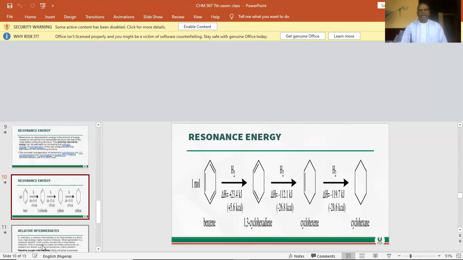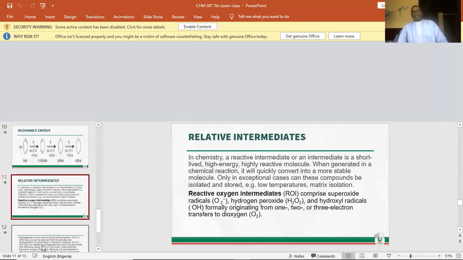And furthermore, you add more hydrogen to clear again the second double bond, and you add another hydrogen again with an energy of 119.7 kilojoules to completely make it a cyclohexane molecule. So this energy that is involved in the conversion is what we call the resonance energy.